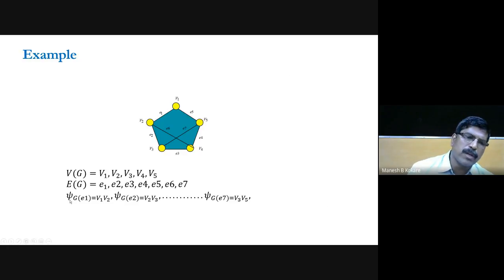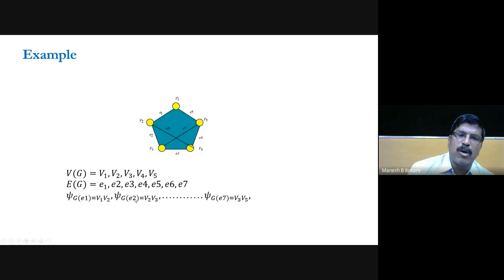Now the incident function of E1. Where is E1? E1 is in between V1 and V2. So psi of z of E1 is nothing but the edge between V1 and V2.